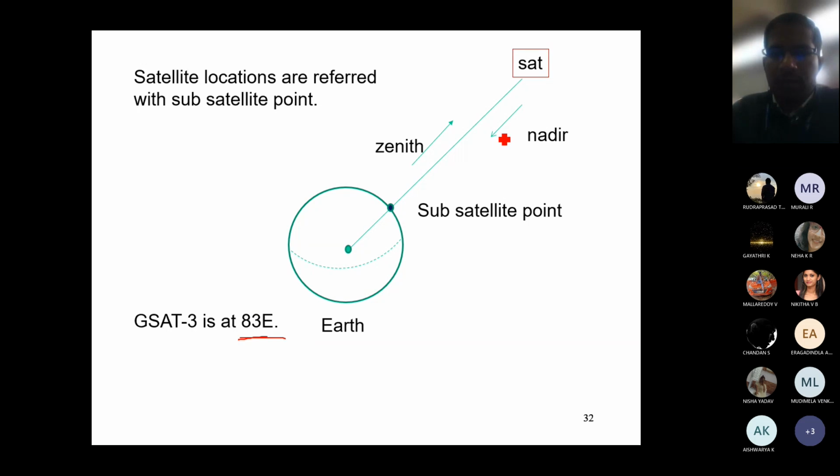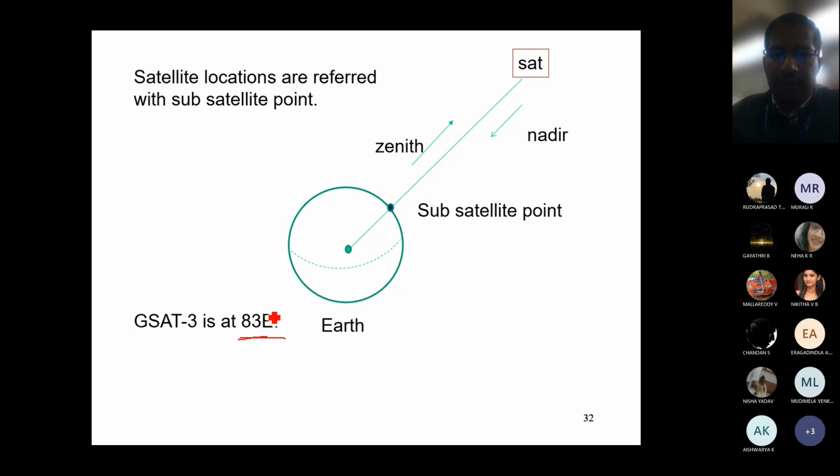Suppose the latitude and longitude of a satellite is given, it is understood that whatever value is given is the latitude of the sub-satellite point. That is the line joining the center of the Earth and the satellite. Where that line intersects the Earth's surface, that coordinate is the coordinate of the satellite.